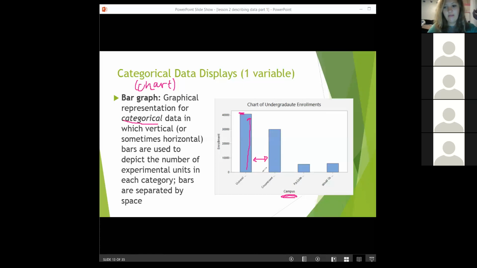If we put these together here, University Park and Commonwealth, that would be saying there's a commonality between them. That just doesn't make sense. So that's why we separate them. If you see something with separations, that's going to be a bar graph and not a histogram.